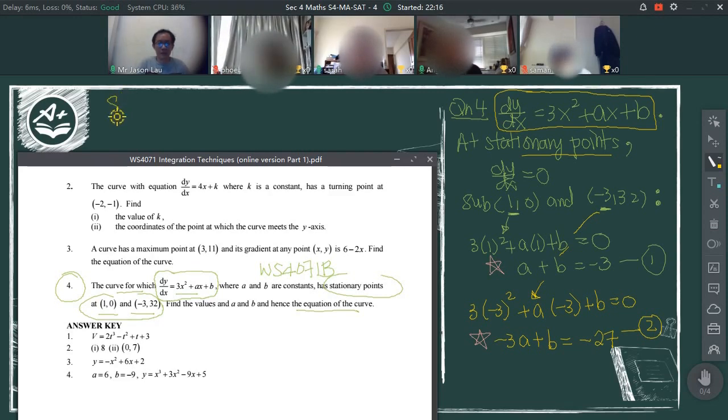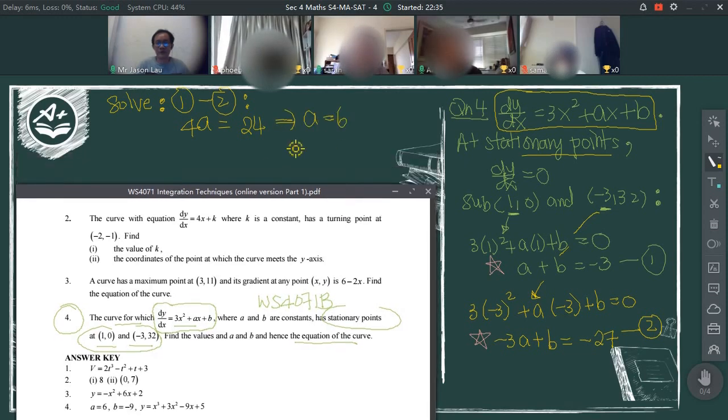Try 1 minus 2, the elimination method. You have 4a equal to 24, so a is 6. Then sub a equal to 6 into equation 1, which looks easier, then your b will be -9.